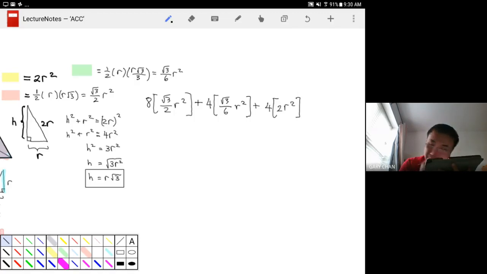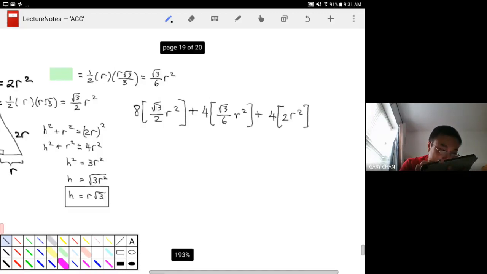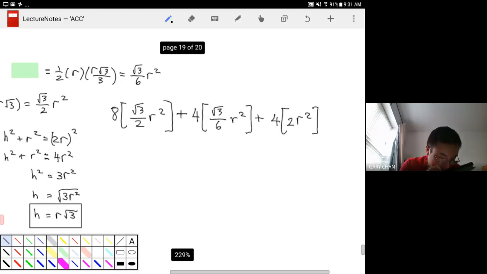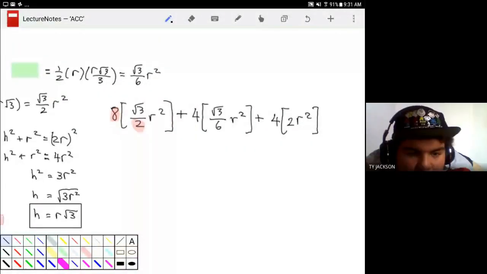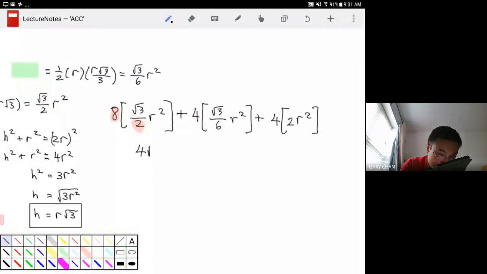And we're really like 80% done now, because we still have one other minor step here. Is there anything that I can do to possibly simplify this? You see here that I have the 8 and a 2, right? 2 goes inside of 8 how many times? 4. So I have 4 radical 3 R squared, plus the 4 and 6.